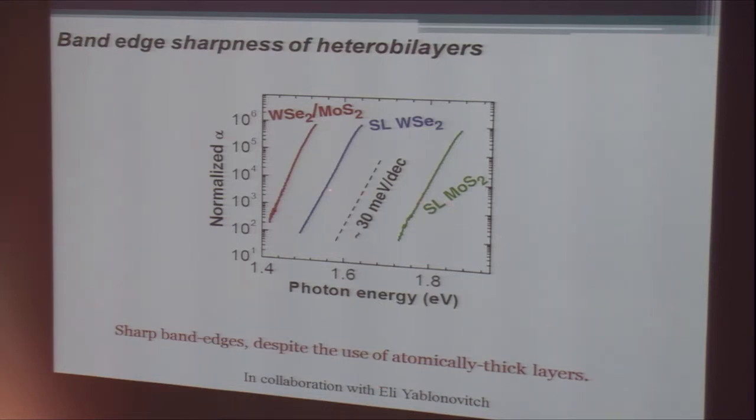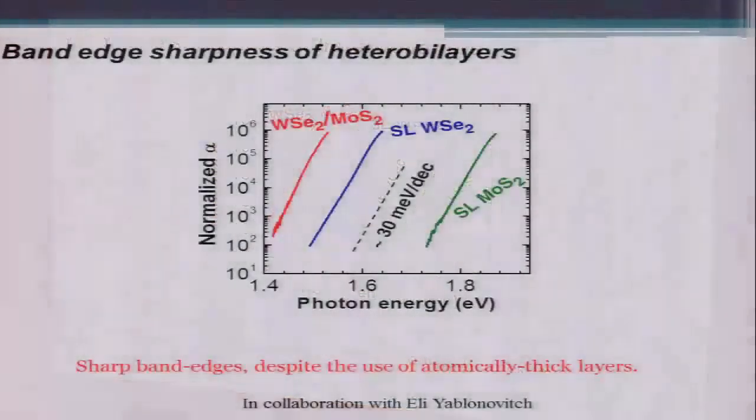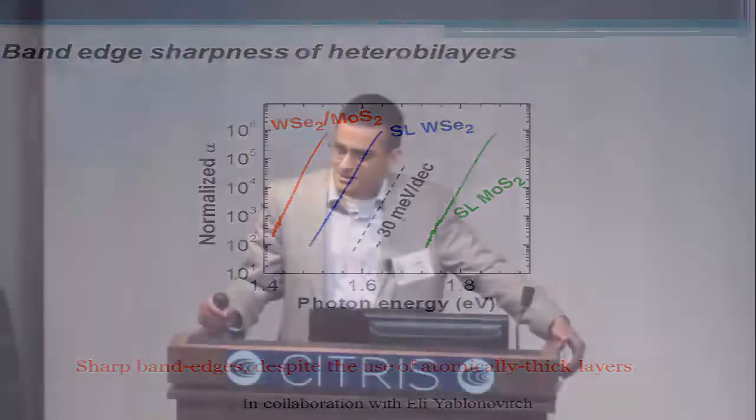You can see that for all three cases, the single layer moly sulfide, single layer tungsten diselenide, and the heterojunction, the band edge sharpness is 30 millielectron volt per decade. That's very sharp. You're dealing with an atomically thick material system. If you have a III-V and you make it that thin, the slightest variation in the thickness will give you a very large band edge roughness.